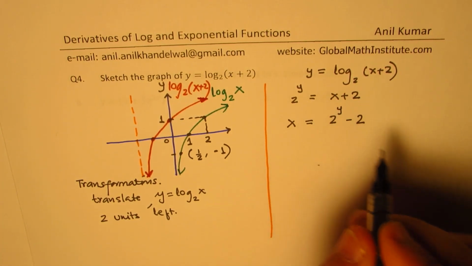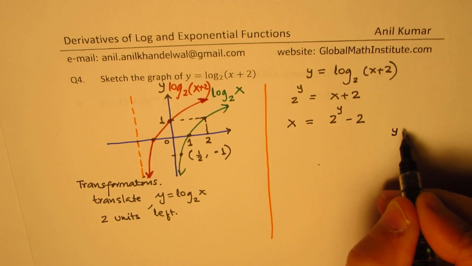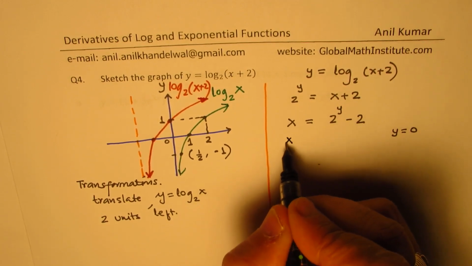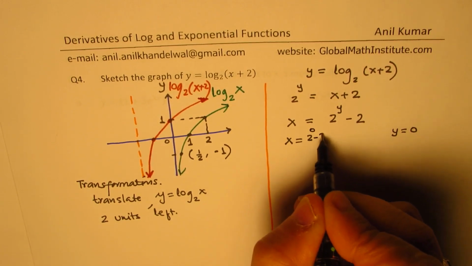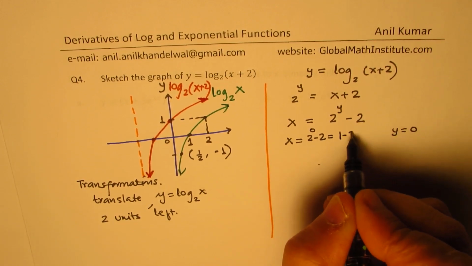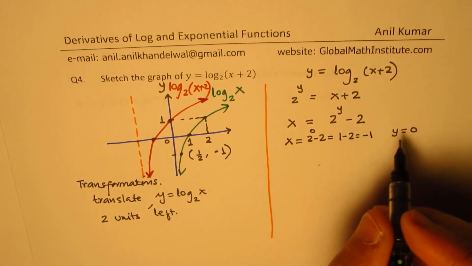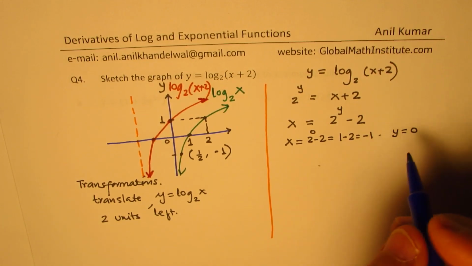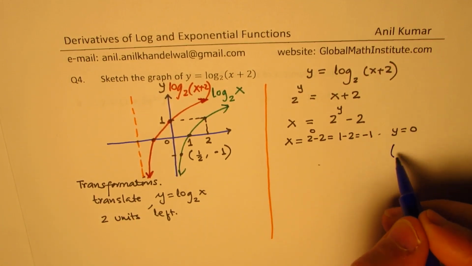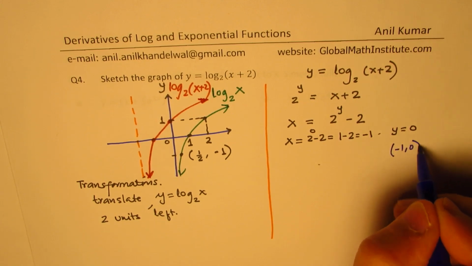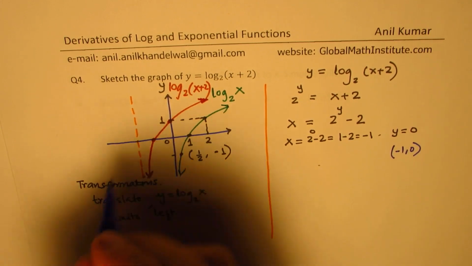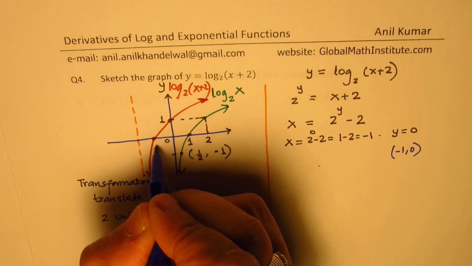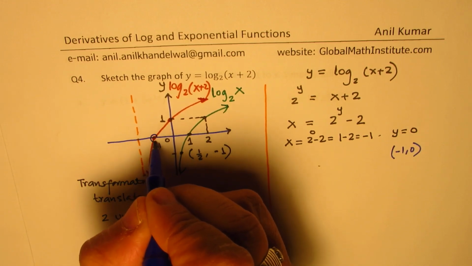If I substitute y equals 0, then we get x equals 2 to the power of 0 minus 2, which is 1 minus 2, or -1. So we get one point, which is -1, right here.